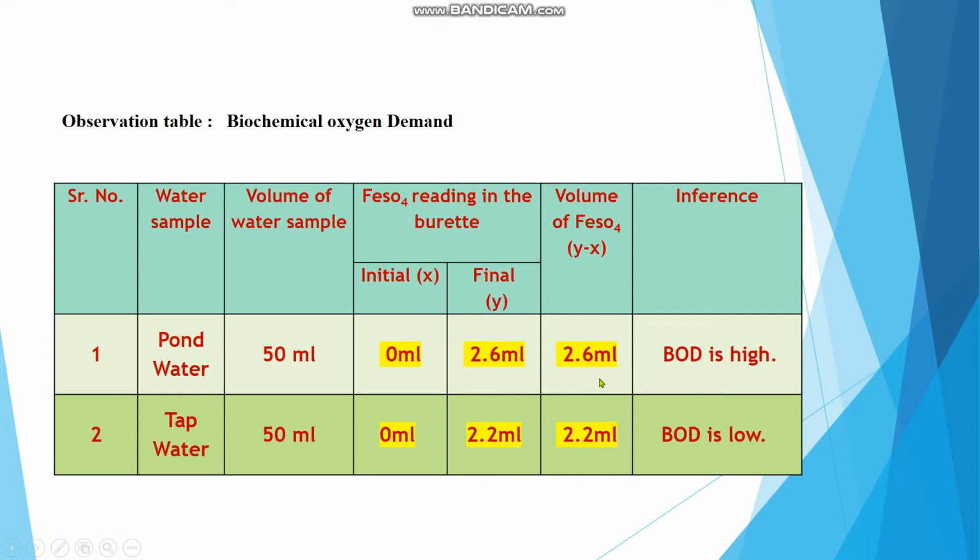When we compare these two readings, we see that 2.6 is a higher value. So BOD is high in pond water, whereas BOD is low in tap water because 2.2 is a lesser quantity than 2.6.